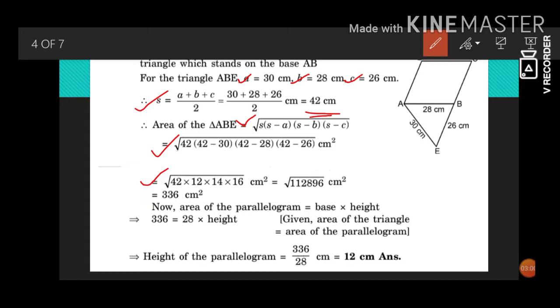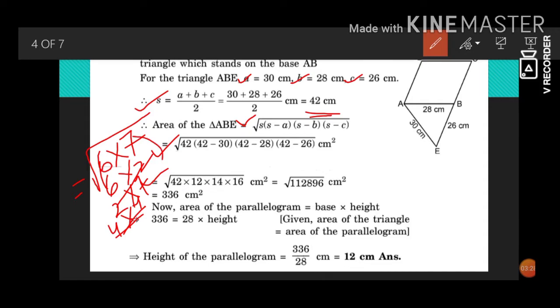Now this can be written as: 42 is 6 into 7, 12 is 6 into 2, 14 is 2 into 7 and 16 is 4 into 4. So 4 is in a pair, so one 4 will come out. 2 is in a pair, so one 2 will come out. 6 is in a pair, so one 6 will come out, and 7 is also in a pair, so one 7 will come out.